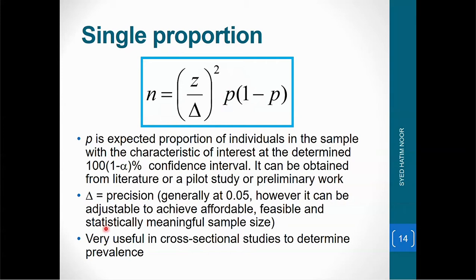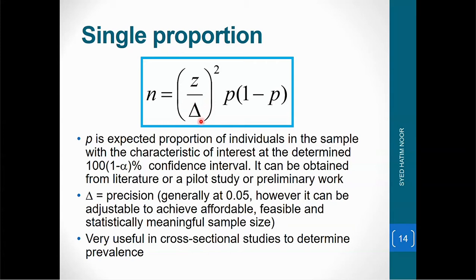And then precision, you can set. A smaller precision gives a bigger sample size. Usually for precision, the difference between population and sample, we set around 5%, and at most it can be 10%, that means 0.1.